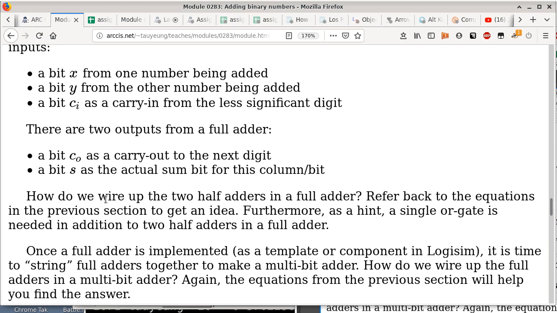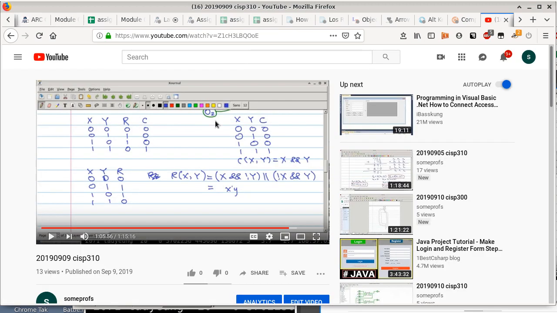Now, have we talked about how to compute k i plus 1 based on all the stuff on column k? I think we did talk about it. I'm going to double check.